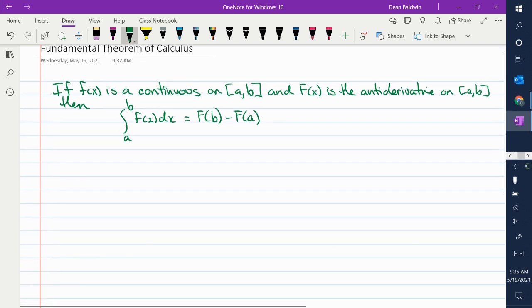That is it. That's all it means. So what it means is you can find the antiderivative, evaluate it at b, evaluate it at a, your two endpoints, subtract them, and that gives you the area under the curve. Okay?